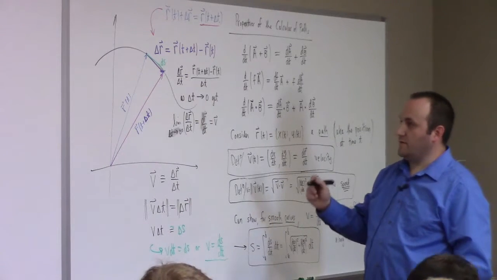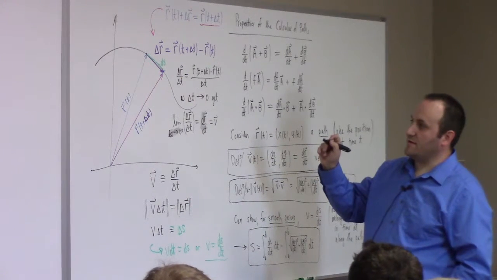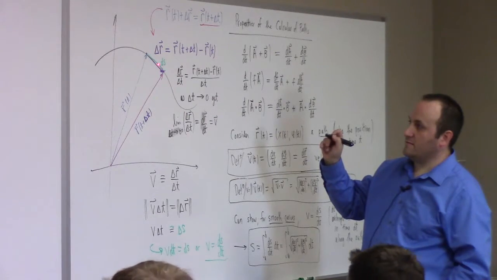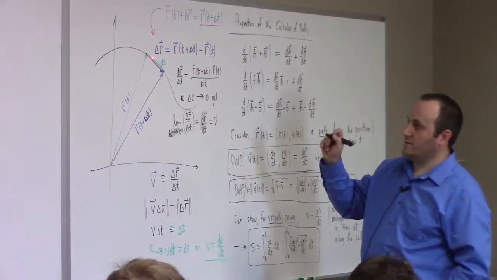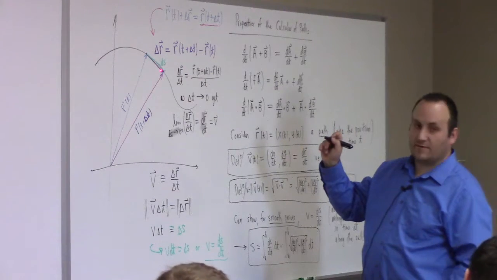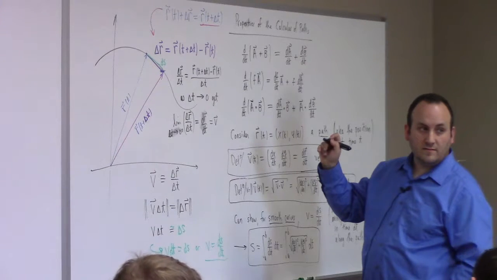Well, to a very good approximation, the length of delta r is what? That's exactly what we mean by arc length, right? So the little green curvy line has almost the same length as the purple line segment, if it's smooth enough.